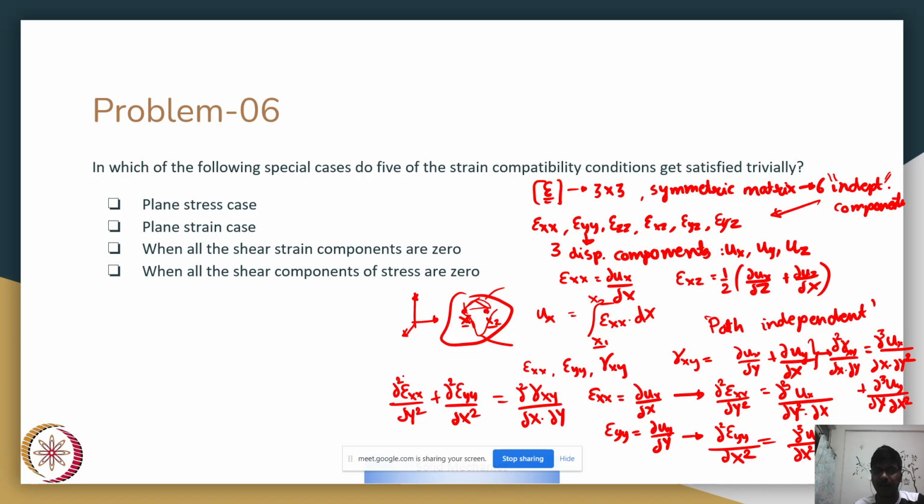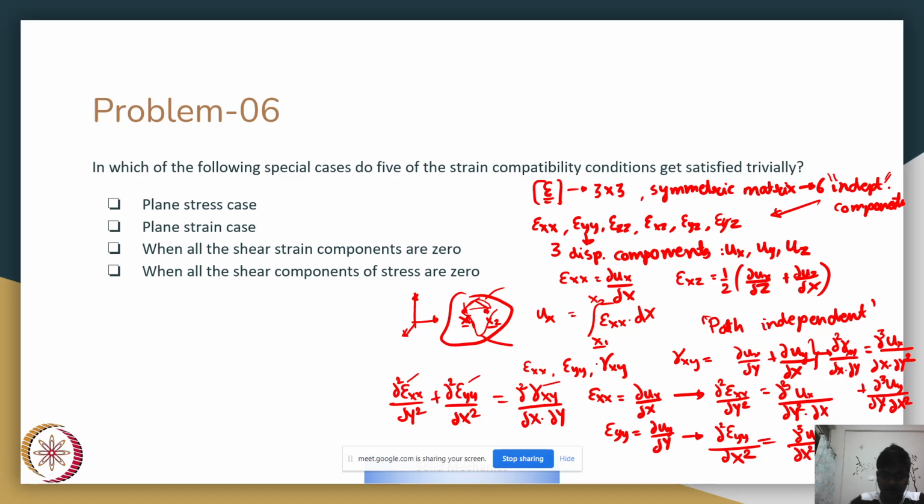So this puts a constraint on epsilon xx, epsilon yy and gamma xy. This is a constraint coming because we have only three independent variables ux, uy, uz, but we are looking at six strain components, and as well as we need the integrals to be path independent. So by this example, you can see how the strains are bound to be related in some way.